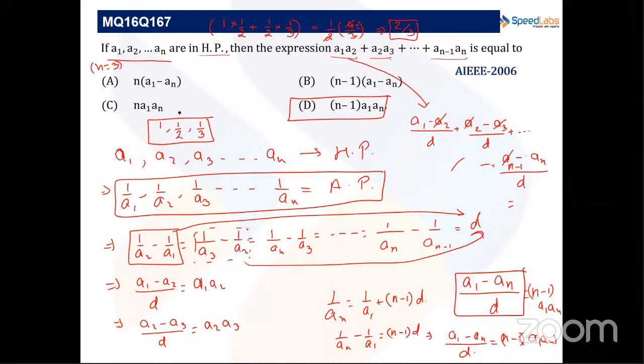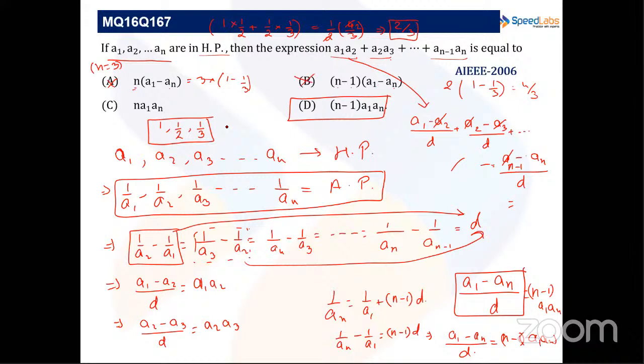So from the options, first option, n is 3, 3 into (1 minus 1 upon 3). So this is not the correct option. For this one, 3 minus 1, it will be 2, and a1 minus an, again 1 minus 1 by 3. So we are having 4 by 3 in here.